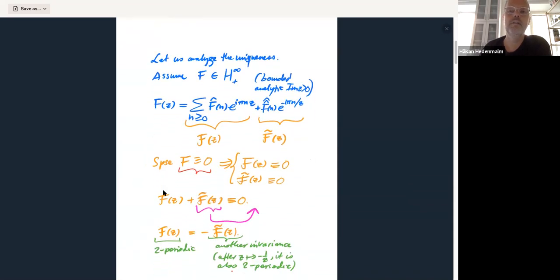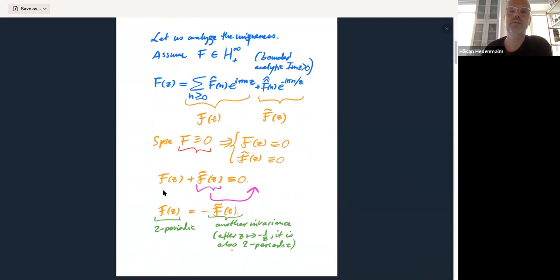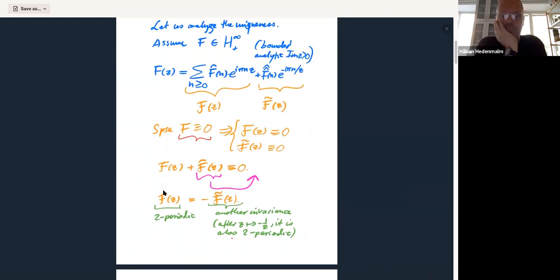And then I want to say something about the uniqueness. So let us assume that we have a bounded function on the real line, which has the property that when you extend it to a harmonic function in the upper half plane using Poisson integrals, you get actually a holomorphic function.